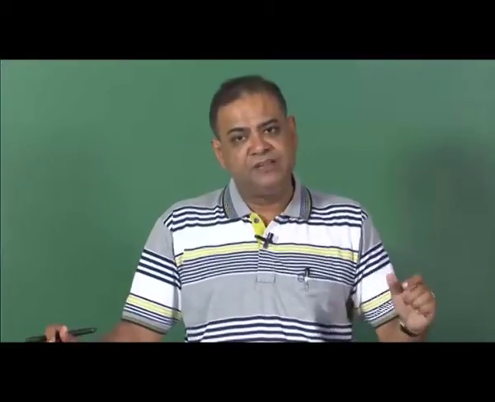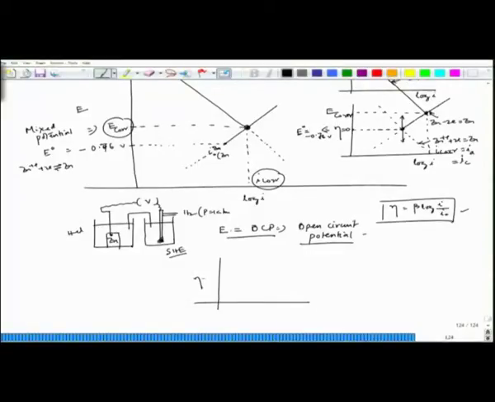In the case of a single electrode system, what we have seen is that this is eta equal to 0, this is I_0, these are the two sides, and if I send applied current, that means when the rates of cathodic and anodic reactions are different, then the plot would look like this.